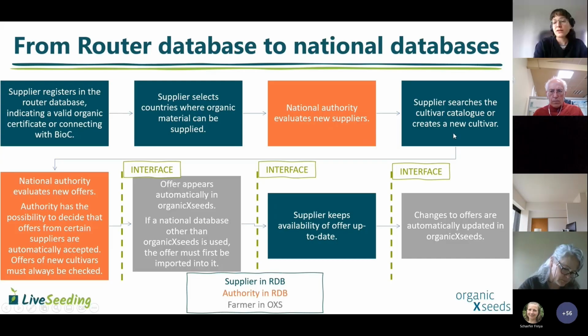Only if you have created a new cultivar because you haven't found it in the cultivar catalog, it will need to be evaluated first by the national authority to make sure that, for instance, the denomination is correct and that there are no double entries in the cultivar catalog. Once it is accepted, your offer will automatically and directly be displayed in OrganicXseeds through the interface. So that's why OrganicXseeds can really show the real-time market situation.